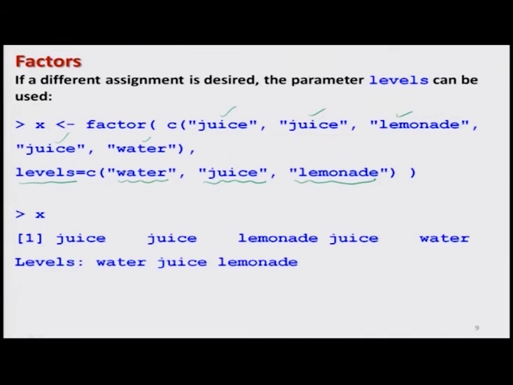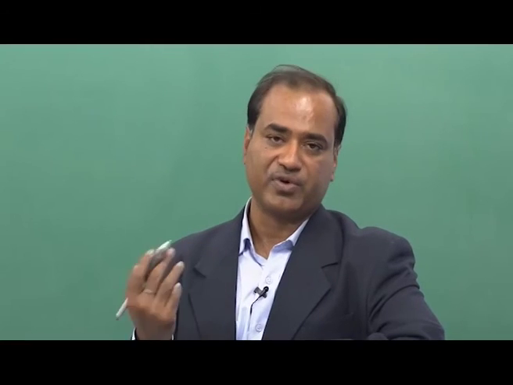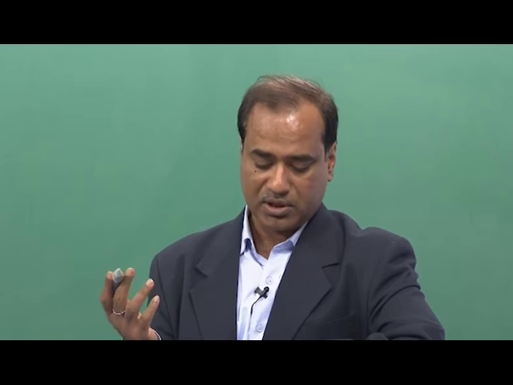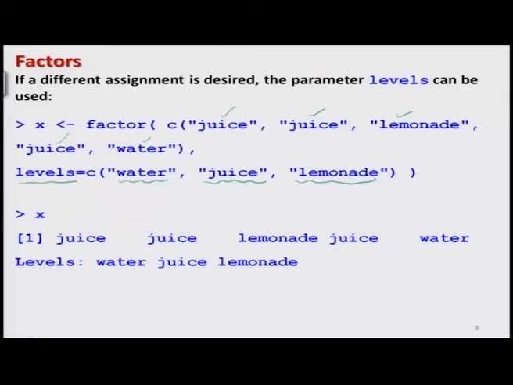Now, you can notice this is not alphabetically ordered. Earlier it was alphabetically ordered, and we had juice, lemonade and water, but now I want to give it a different level according to my wish or my requirement. So, I have to simply specify levels equal to whatever I wish to give to this data set.